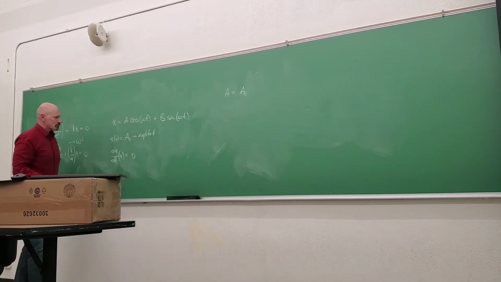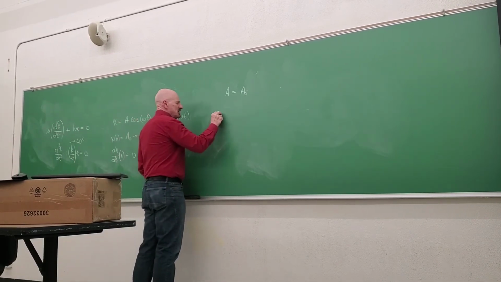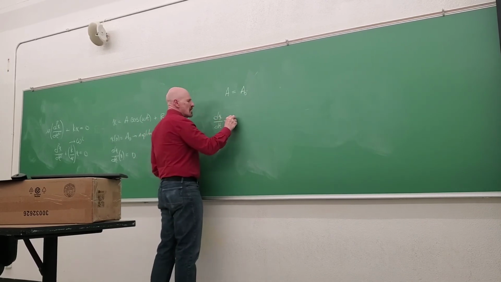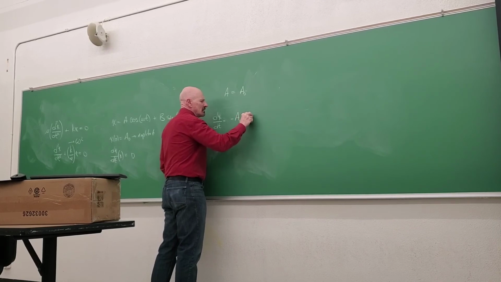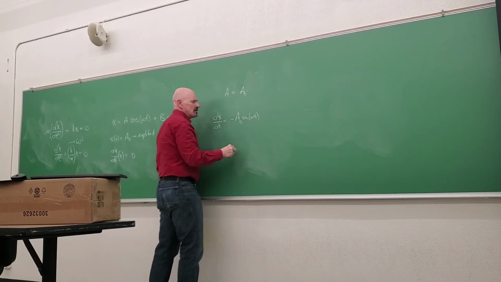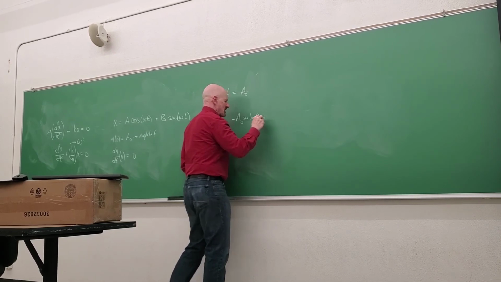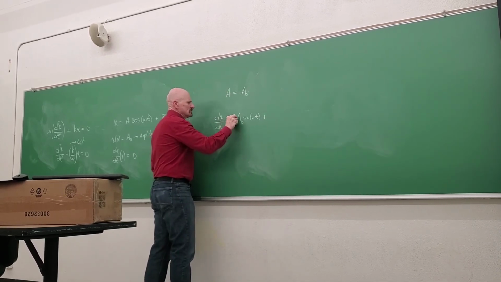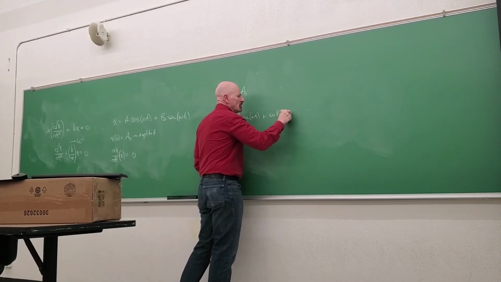For the other one, dx/dt is minus A0 omega sine omega t plus omega B cosine omega t.